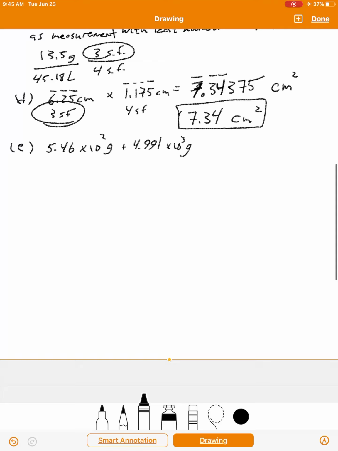Now here's the problem. These are written in scientific notation. You cannot add or subtract numbers together if the exponents in the powers of 10 are different. They have to be the same to add or subtract directly.